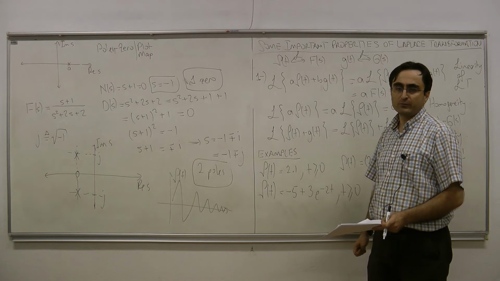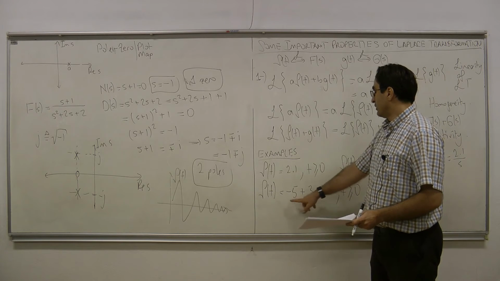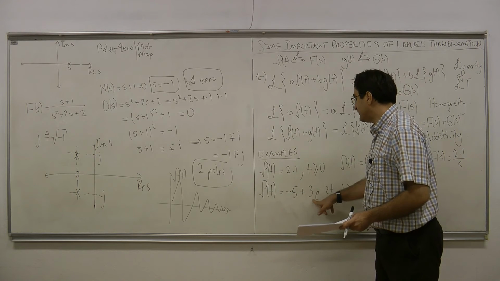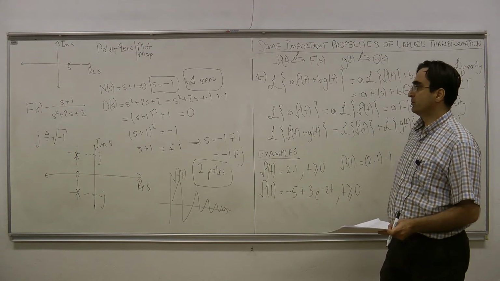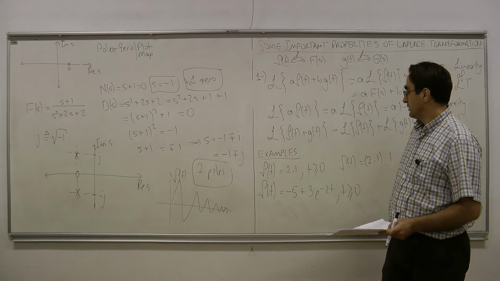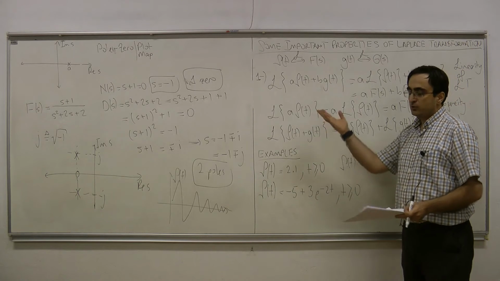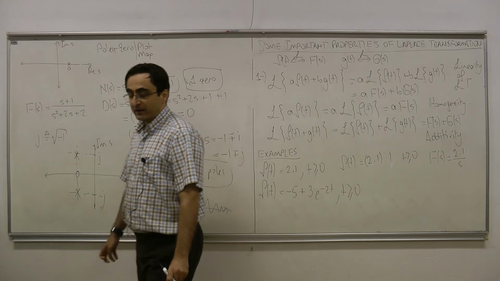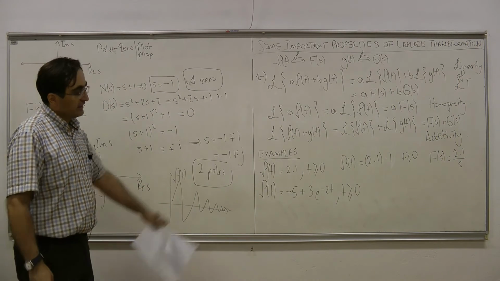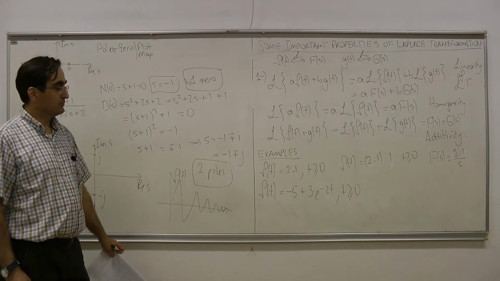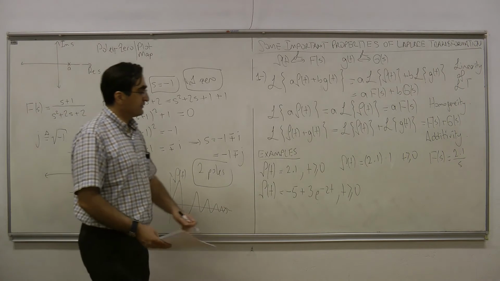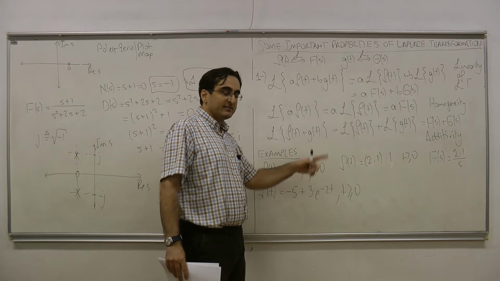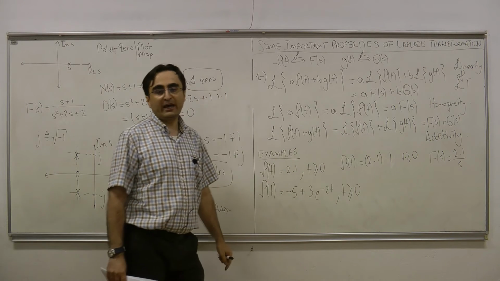It is minus 5 times the unit step and 3 times e to the minus 2t, which is the exponential. I know that the exponential e to the at has the Laplace transformation 1 over s minus a. And here, if I show this e to the minus 2t as e to the at, what is going to be a?